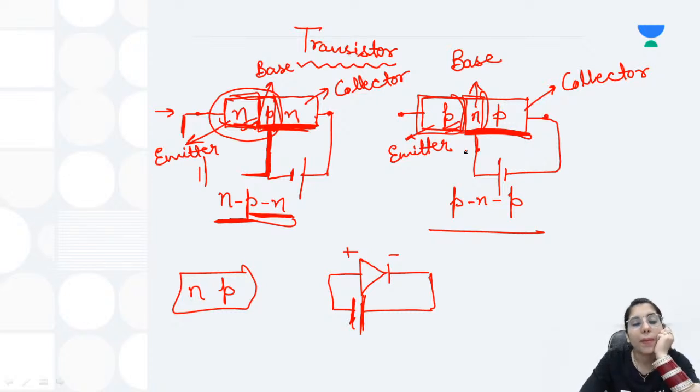But what about the emitter and collector? Out of the other two, are they equal, or is one wider than the other, which is the widest one? If you know, you can mention it in the comments. If you don't know, I'll be telling you.